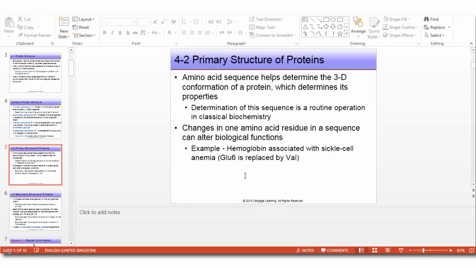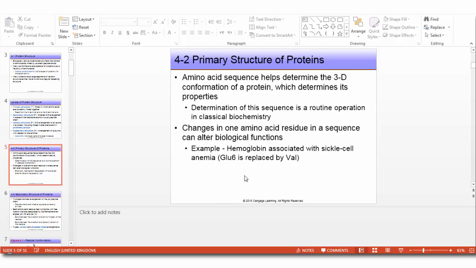All this results from a single amino acid substitution in the beta chain of hemoglobin, by substituting glutamic acid residue number 6 by valine at the same position. So when you replace a charged amino acid with a non-polar one, aggregates will occur in red blood cells, and the red blood cells become sickle.